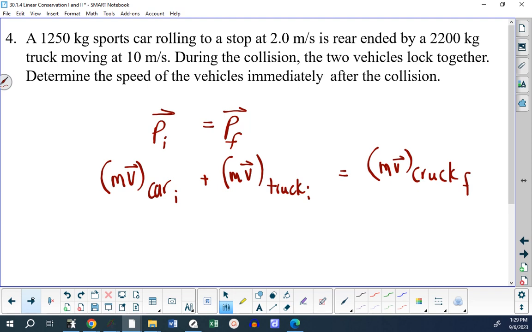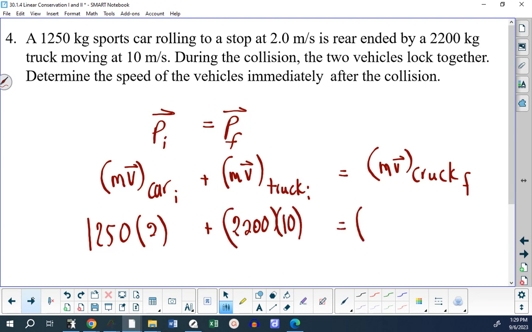We go 1250 times the 2 meters per second plus 2200 times the 10 meters per second equals... how's my addition there? 3450?